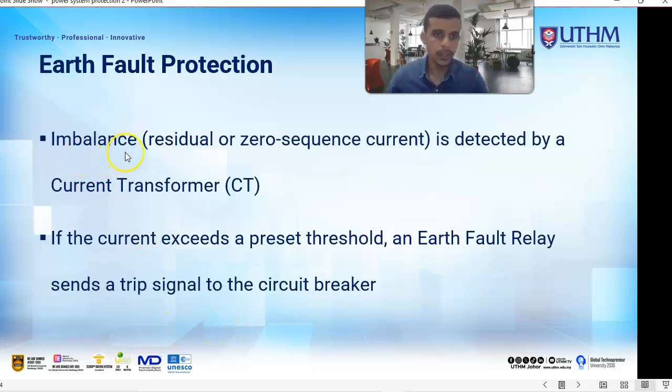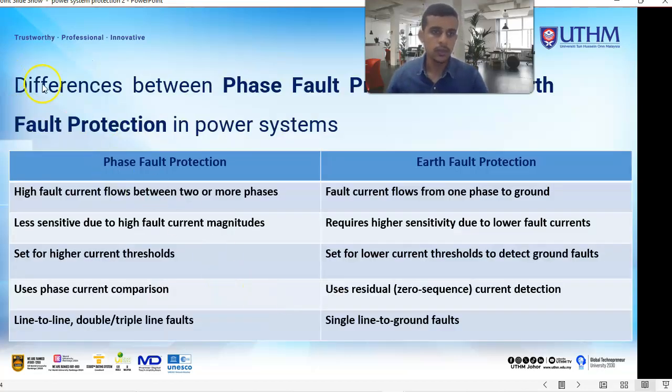Here the residual or zero sequence current is detected by the current transformer, CT. If the current exceeds the set value in the earth fault relay, it sends a trip signal to the circuit breaker.